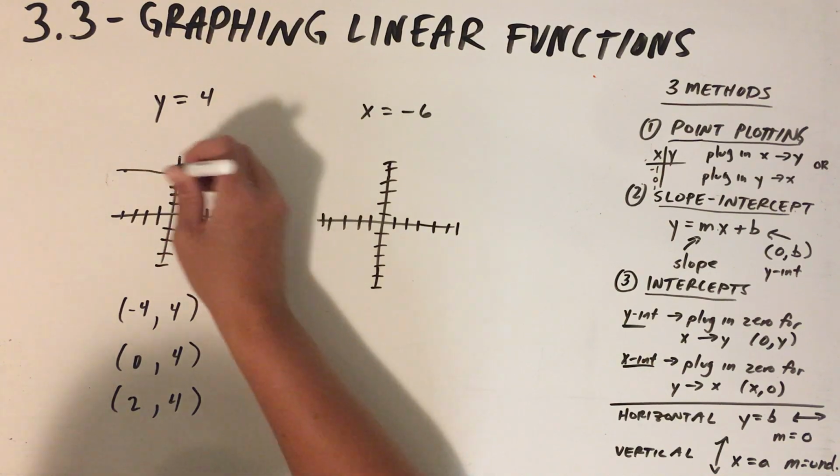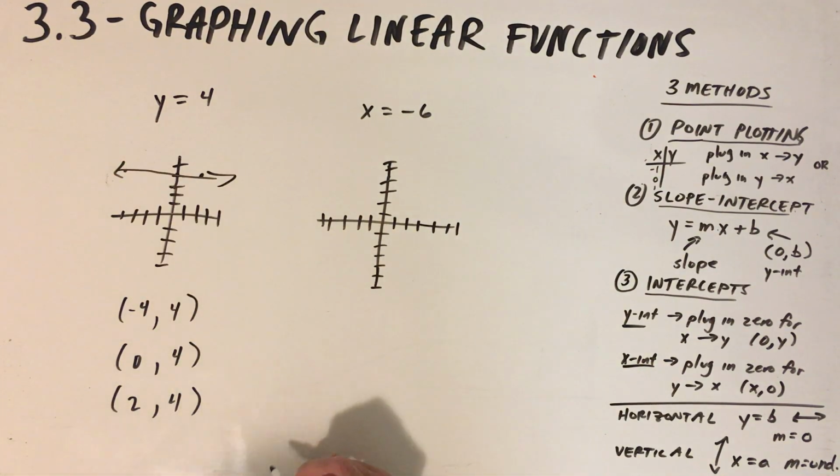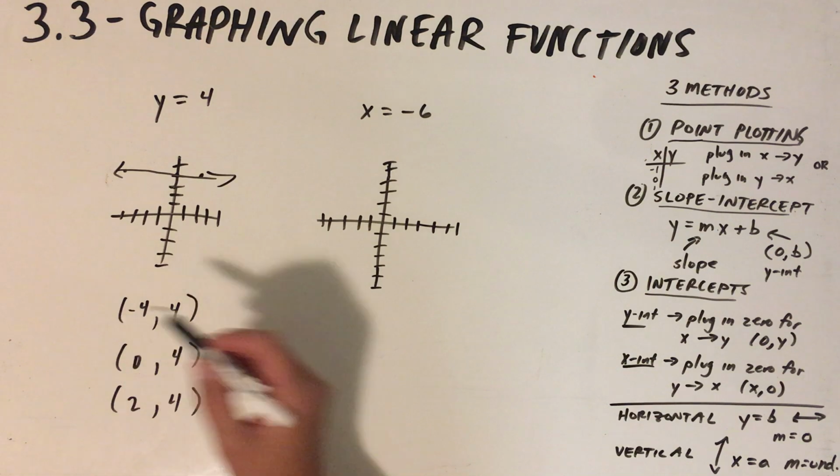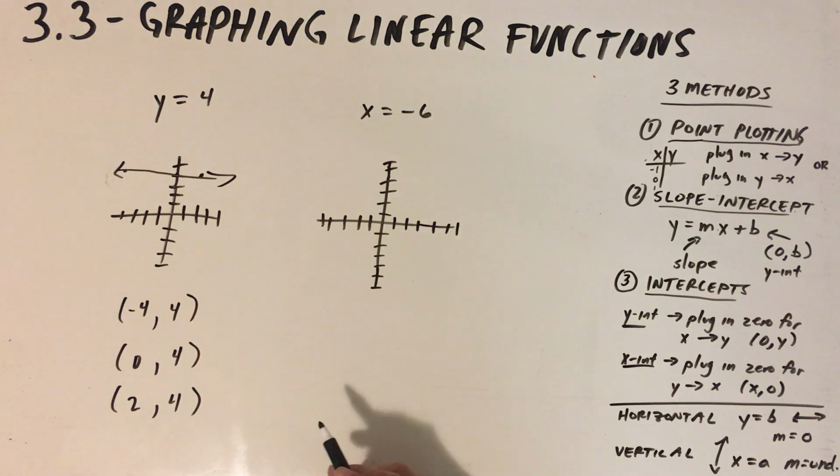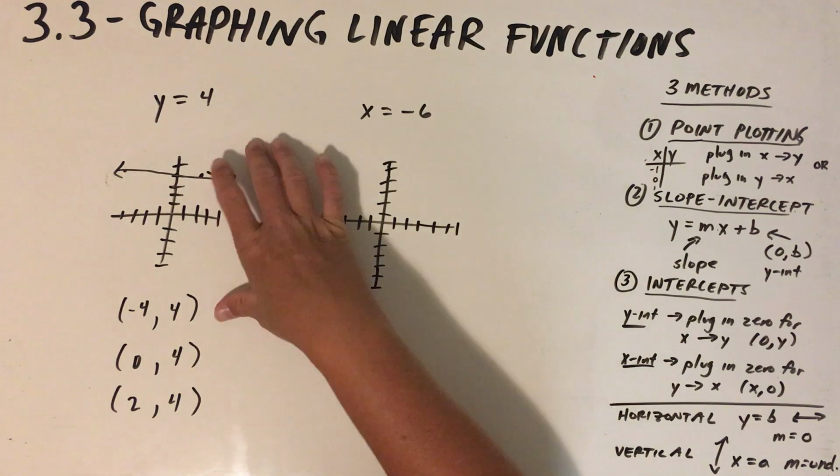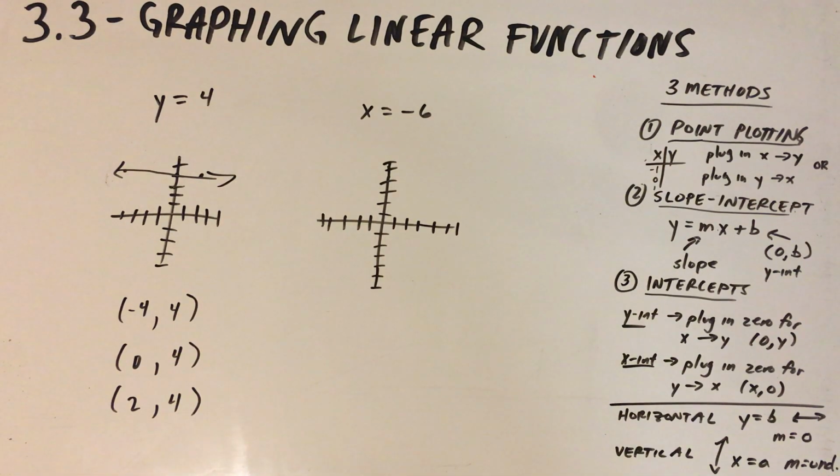If I connect those dots, then you can see that we have a horizontal line at y equals 4. Now this is for exactly the same reasons that I explained in the previous video, 3.3 part 1, as to why this is a line even though there is no other variable.